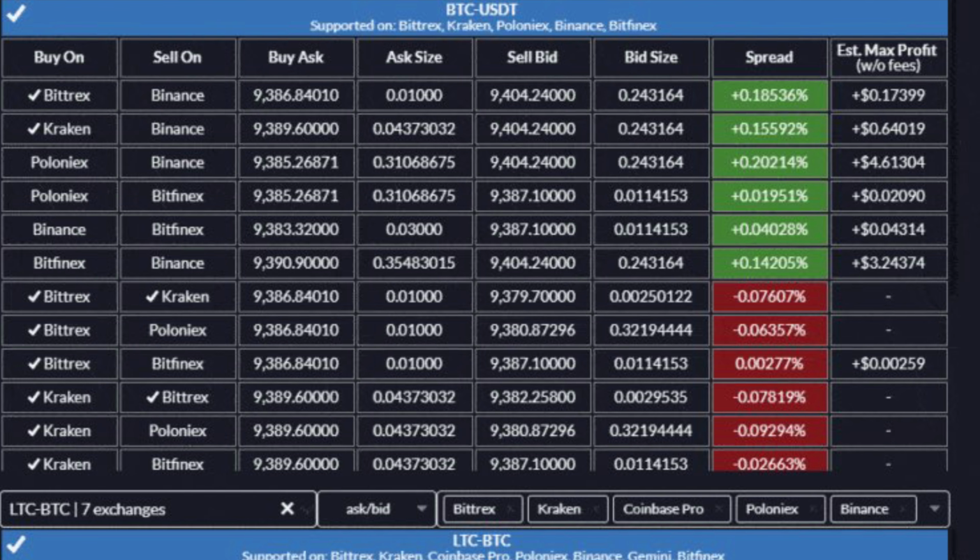Now look to your right, and you see that column with red and green. It says spread. This just shows where you can buy a coin on one site and sell it on another site and make the arbitrage difference. Well, guess what? The AMM will do this for us, so it will be making us money this way.